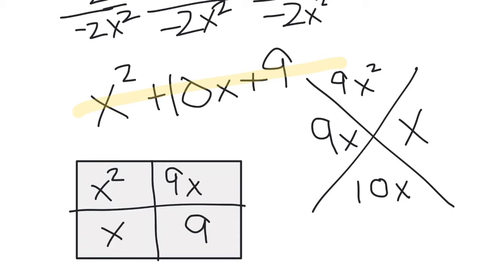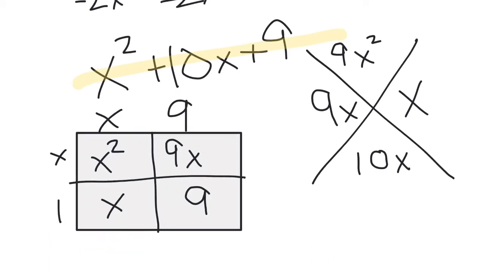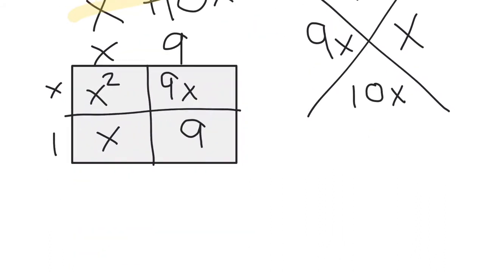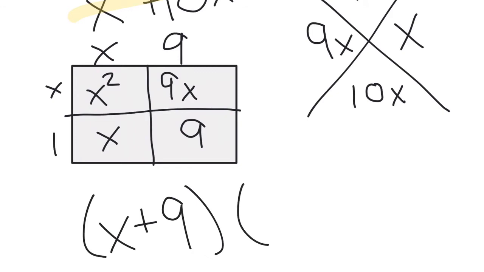So now we have to figure out how to make each of these boxes equal by their factors. Over here we know this is going to be x, and this is going to be 9. Same way, this is going to be x, and this is going to be 1. So now we have x plus 9 and x plus 1.